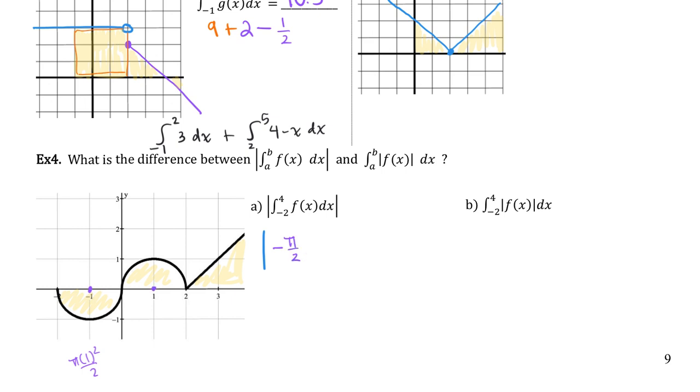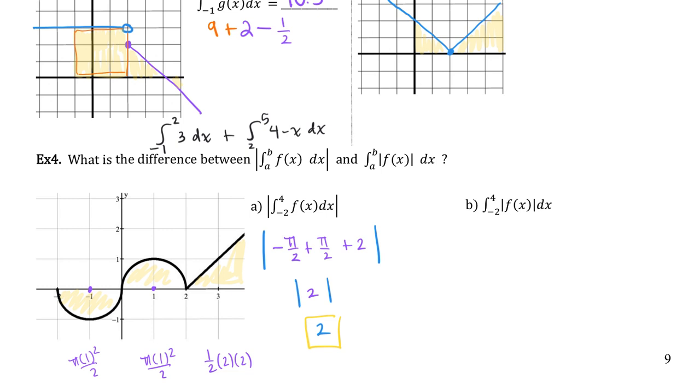What about this one? This one's also pi r squared divided by 2. So plus pi over 2. Plus that triangle, which is 1/2 times 2 by 2, so it's 2. Then I'm going to absolute value the result. So the absolute value of 0 plus 2 is 2. So for this first one, I get an answer of 2. The absolute value of the integral from -2 to 4 of f of x dx equals 2.